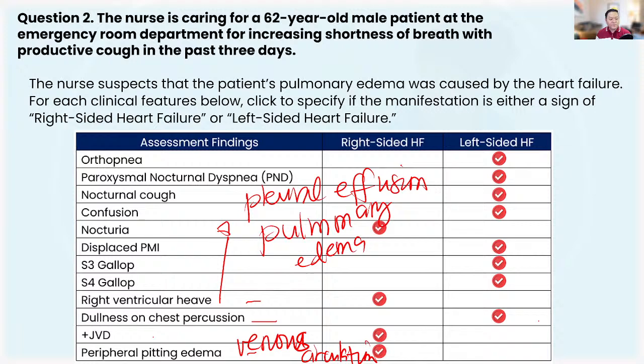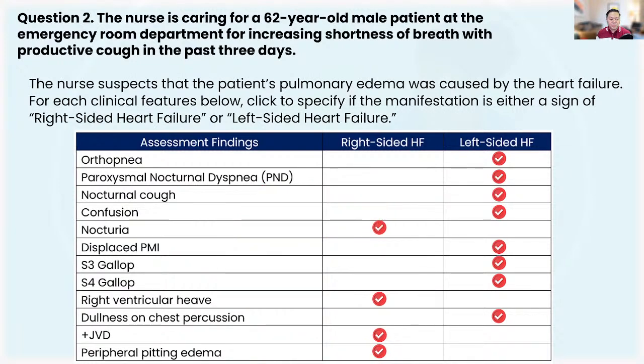Okay, so in review, guys, let's take a look at the different manifestations. When you see the patient developing pulmonary manifestations, you're going to have to associate that with left-sided heart failure.